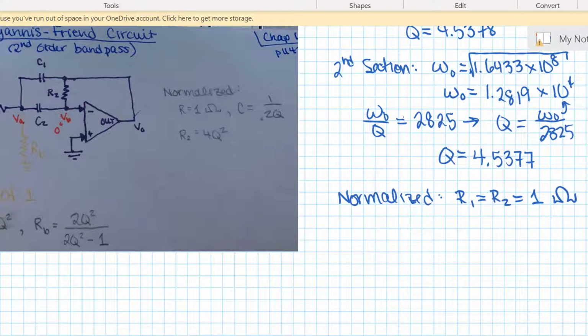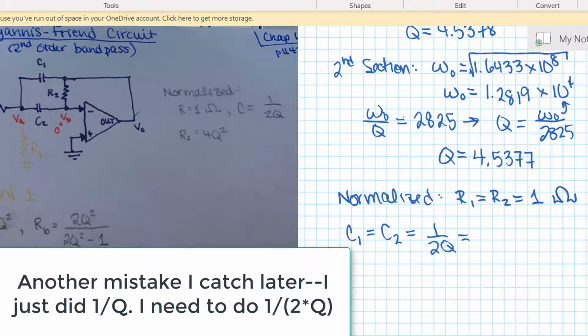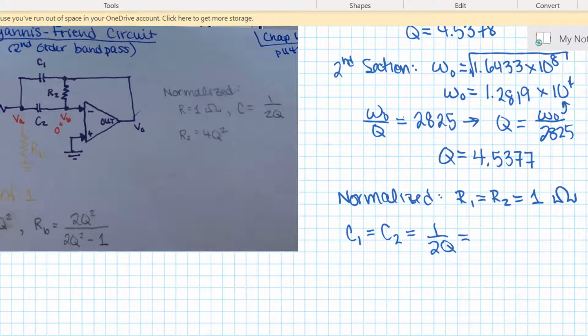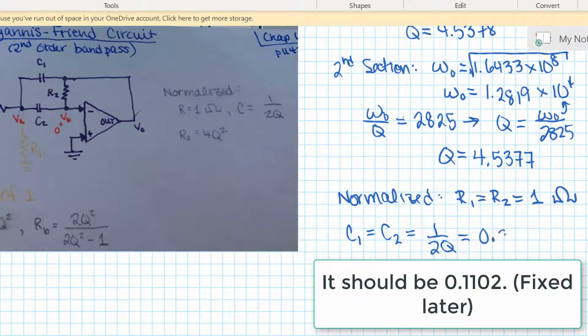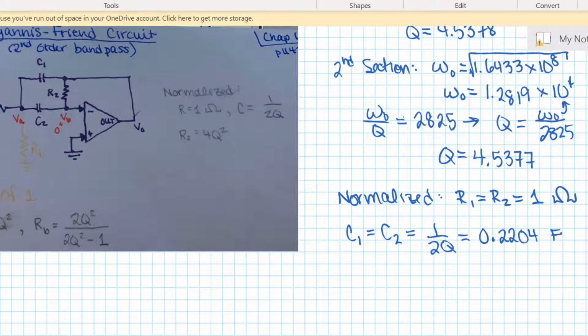For the C, I'm guessing C1 and C2 are equal since I only put C. So I'm just going to do 1 over that 4.5377, and I get 0.2204 farads.